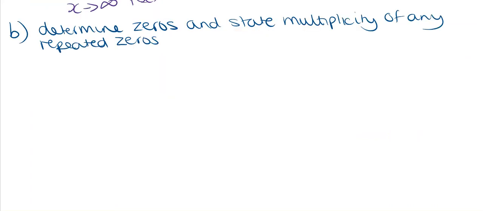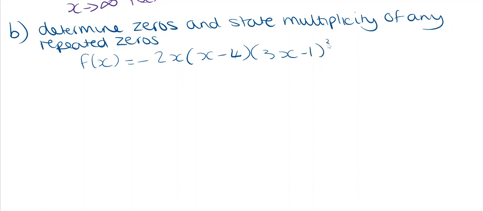Okay then, and part B, determine the zeros and state the multiplicity of any repeated zeros. So I'm just going to rewrite the function. So f of x is minus 2x, x minus 4, and 3x minus 1 cubed. We're going to make this equal to 0.